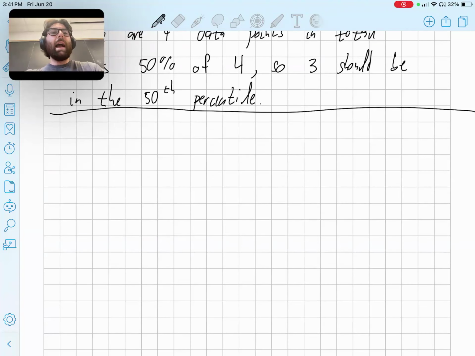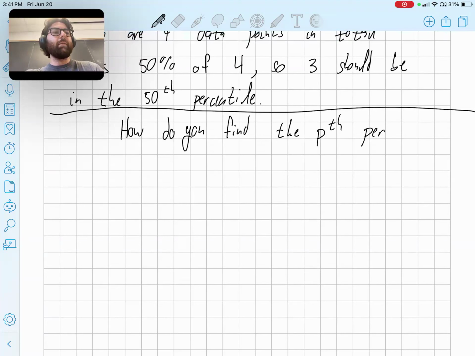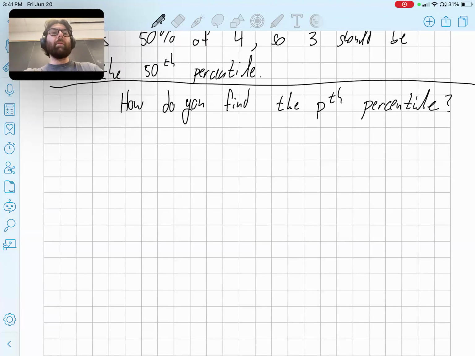And so how do you find the pth percentile?